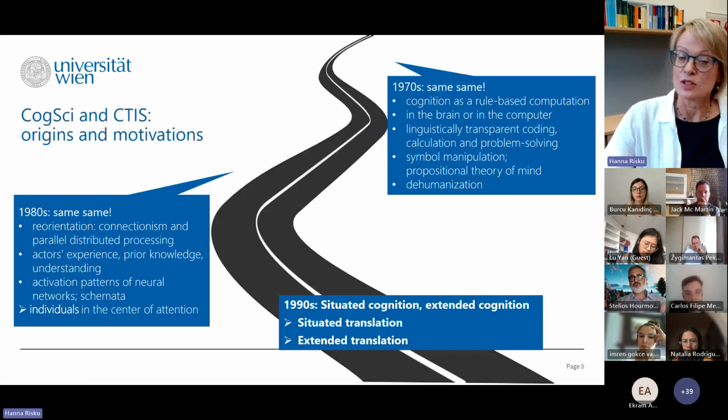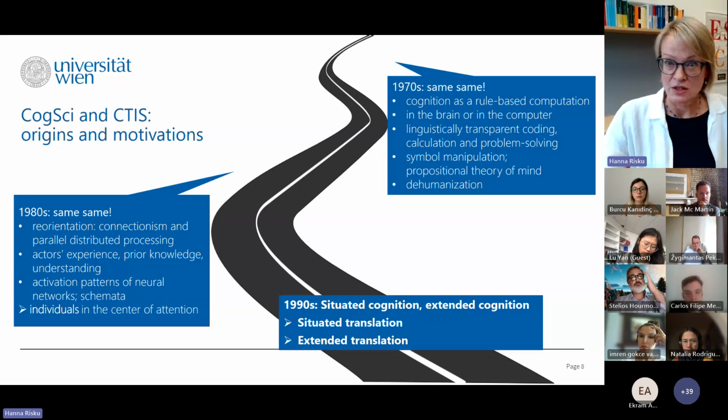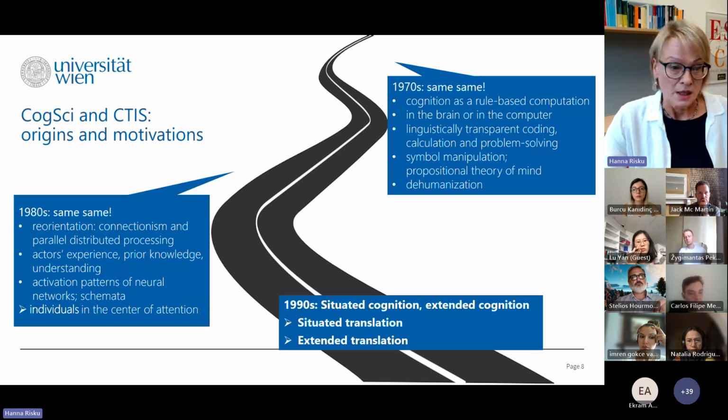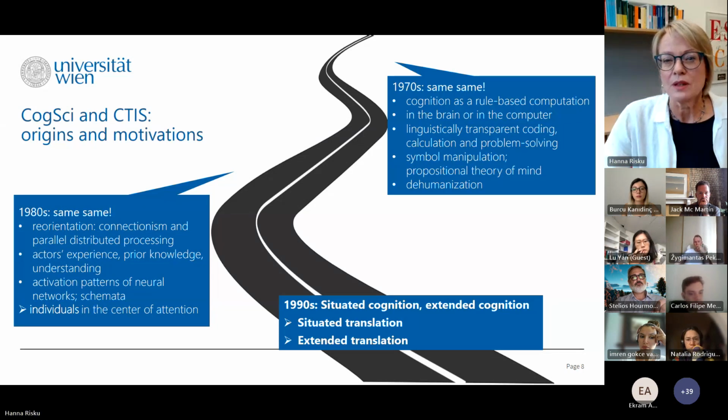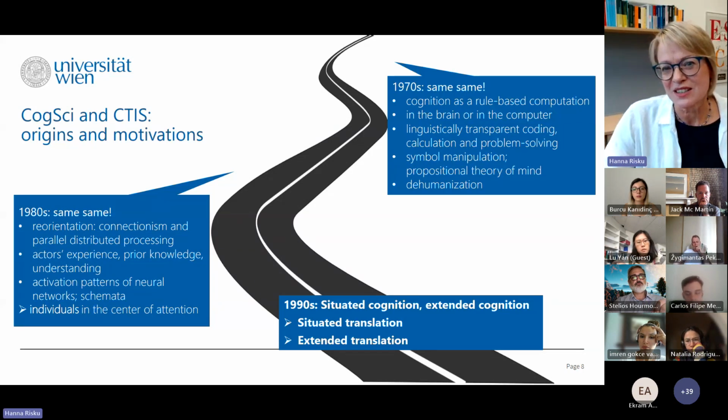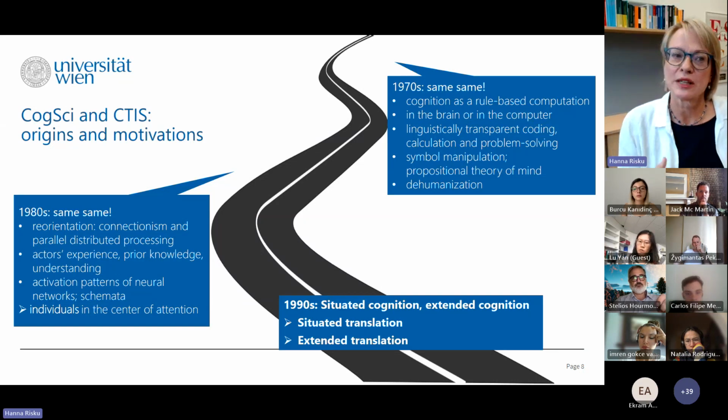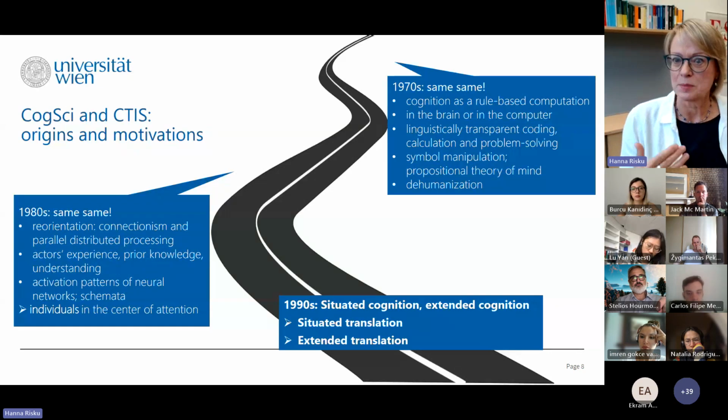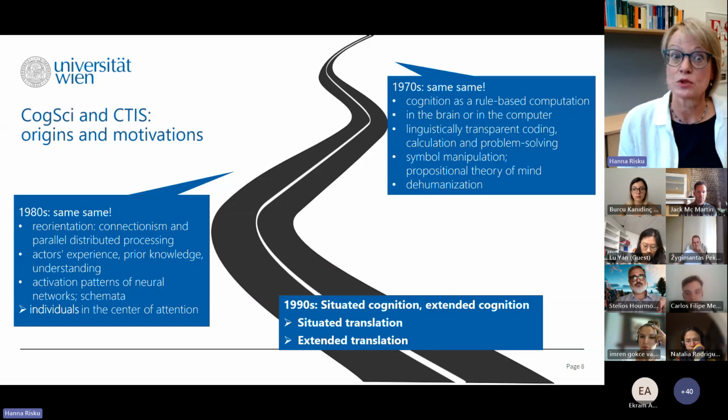Let us now look at the origins and motivations of studying agency in the field of cognitive translation and interpreting studies. Remember that in the research on translation in the 1970s, one of the dominant explanations of translation was that translation is a computation that can be carried out by computer as soon as the respective language symbols and rule systems have been fully recorded.